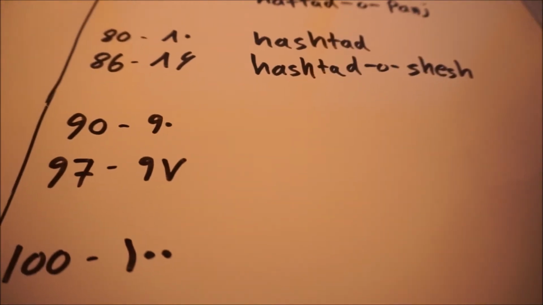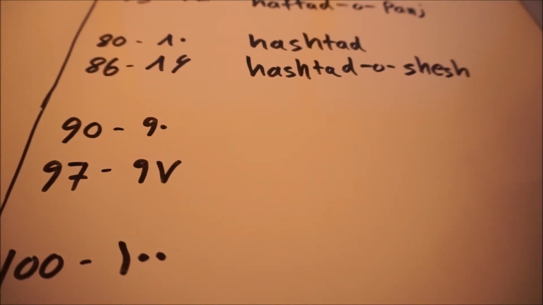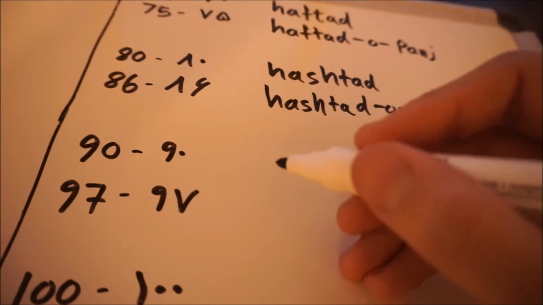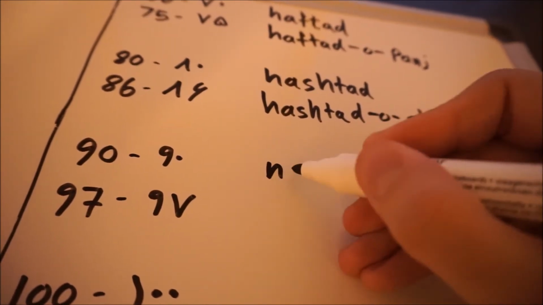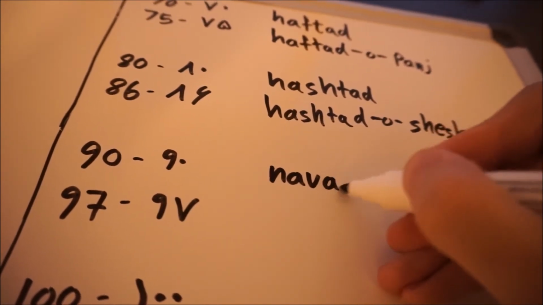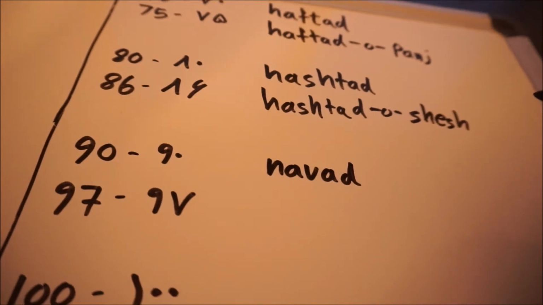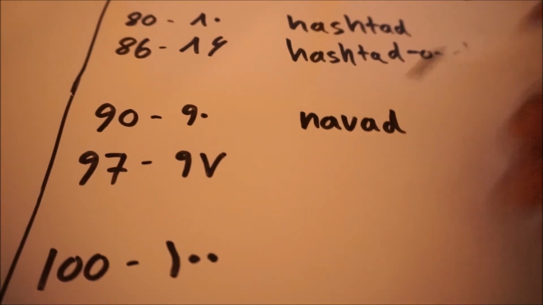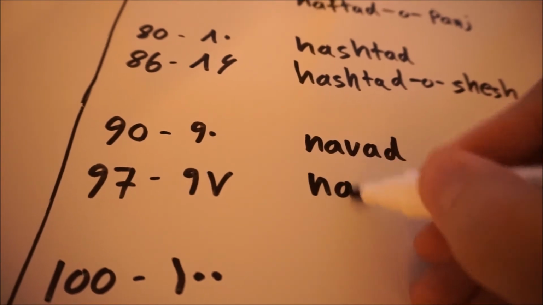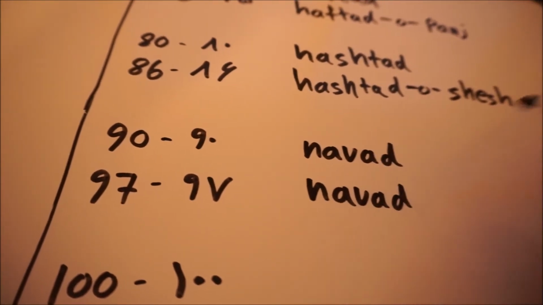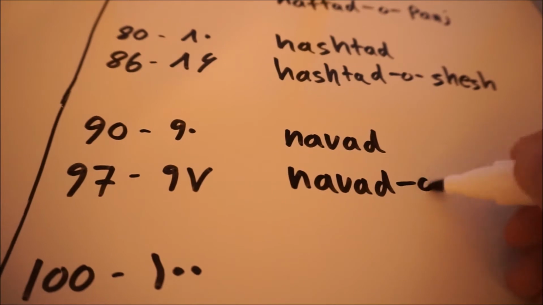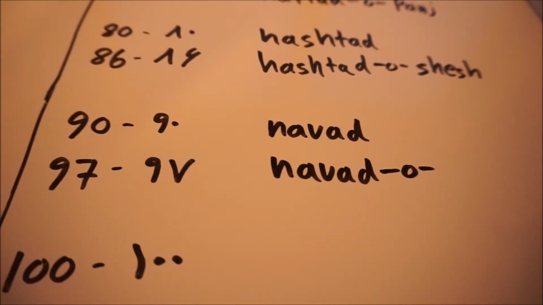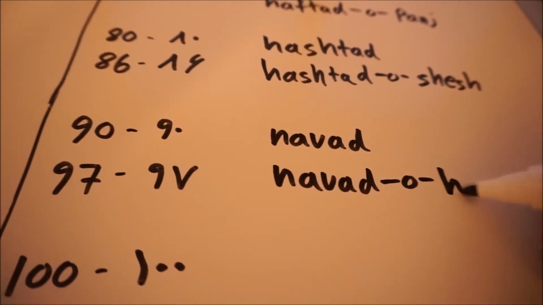And now we reach the last 10 before we reach 100, which is 90. And the word for 90 is navat. So if we want to do 97 here, it's navat. Can you guess it? O. And what is the word for 7? It's haft.